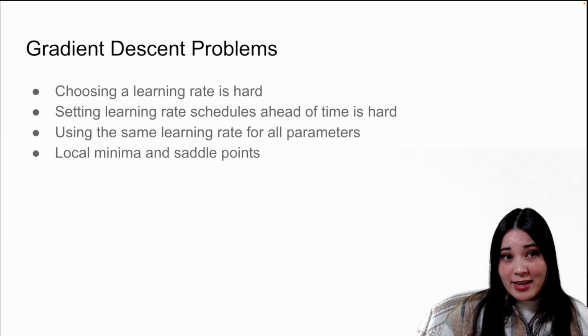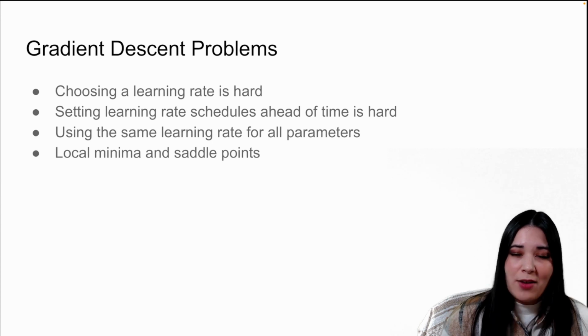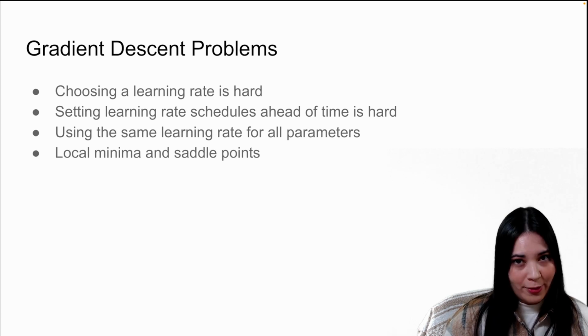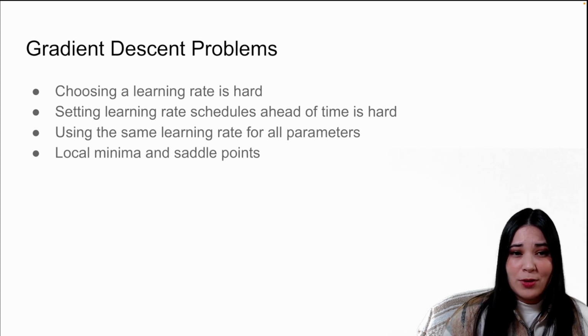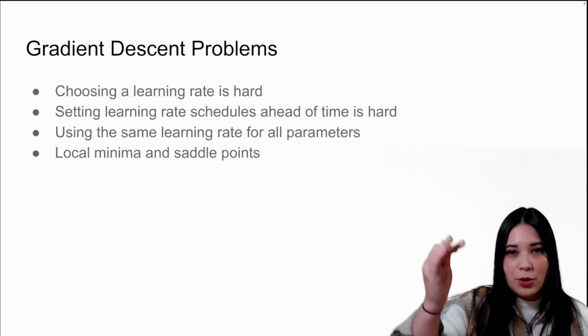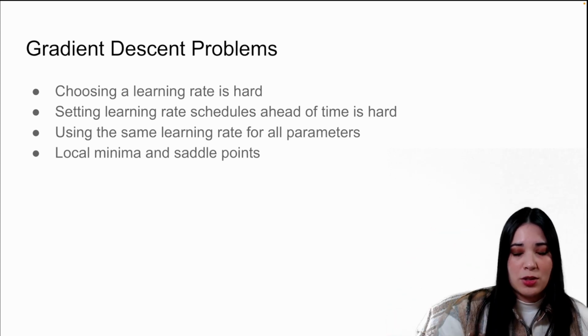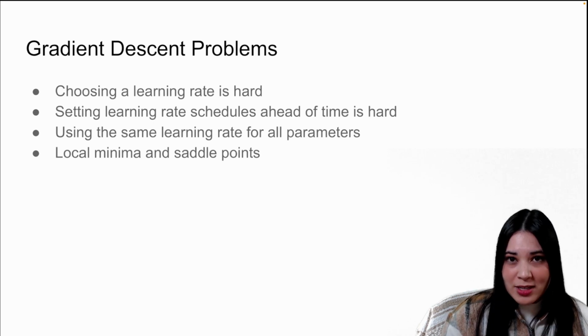Now, gradient descent is great, but it does have a couple of problems. One of those problems is that choosing a learning rate is really difficult. And not only is it difficult, even if we use one of those learning rate decay functions that starts our learning rate off high and then slowly makes it lower, that is really difficult to choose ahead of time.